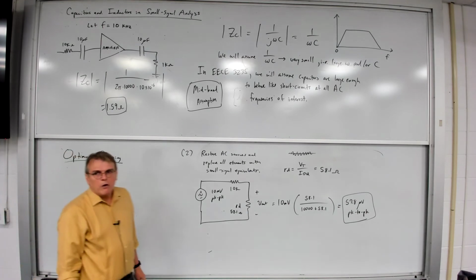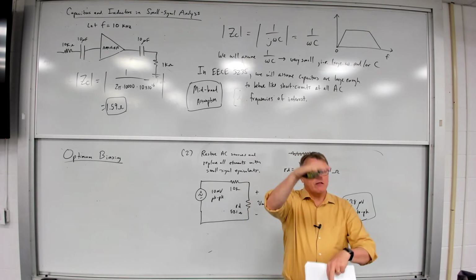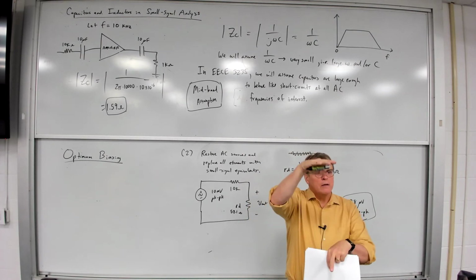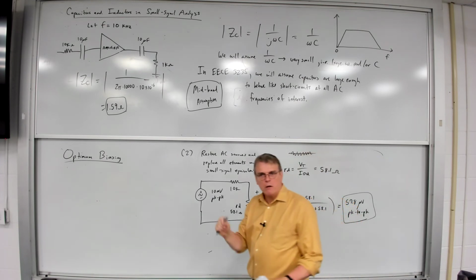In general, you want to set a Q point to give yourself the largest possible symmetrical AC voltage and current swing that you can in a circuit. We want to choose that point.